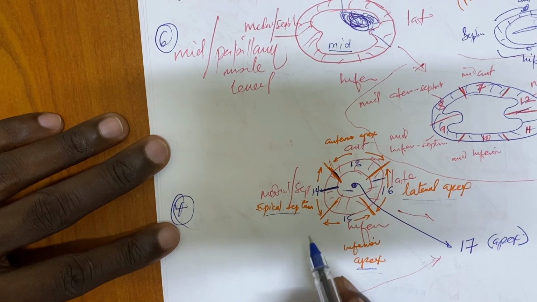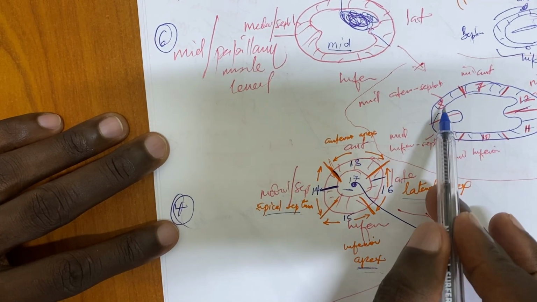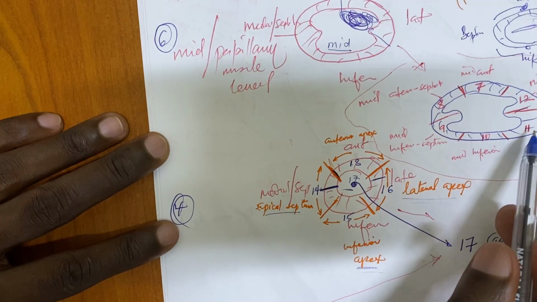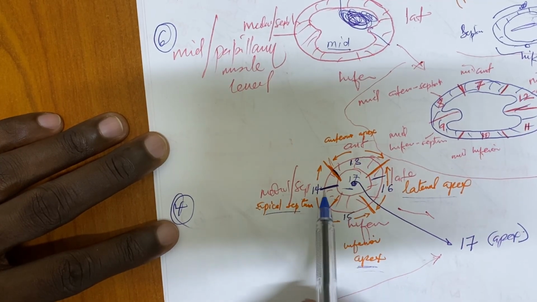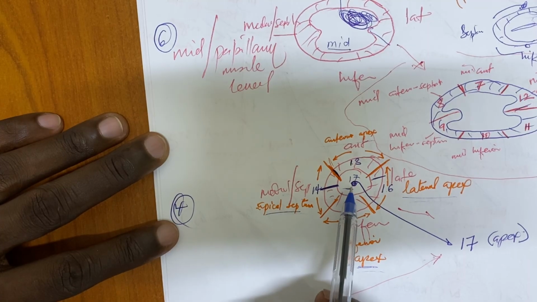The 17th one was the apex, the real apex. So from mid anterior it was 7, 8, 9, 10, 11, 12, 13, 14, 15, 16. Then the 17th one is the extreme, the real apex.